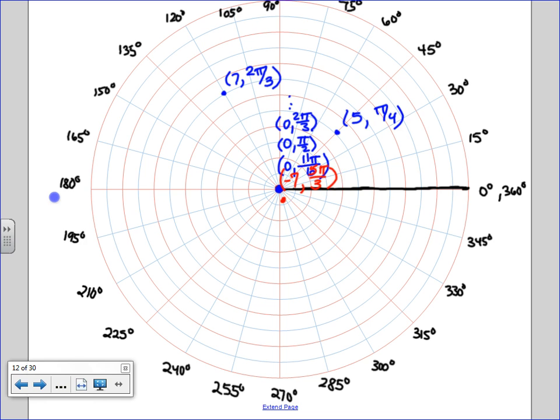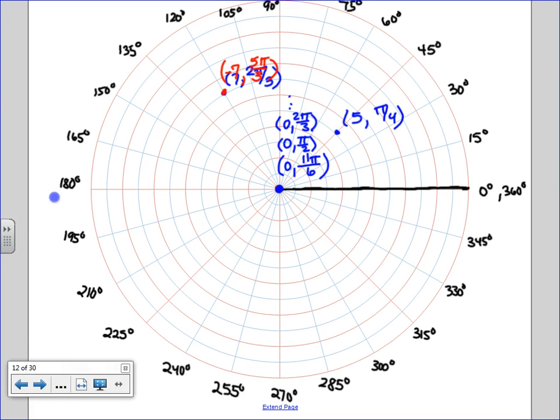Now what? Go out 1, 2, 3, 4, 5, 6, 7. Here? Or the opposite. If I go out, I'm going positive. So if I go towards 300, I'm going positive. What's this tell me? Not positive, but negative. So instead of going positive to 300, I'm going to go negative 1, 2, 3, 4, 5, 6, 7.